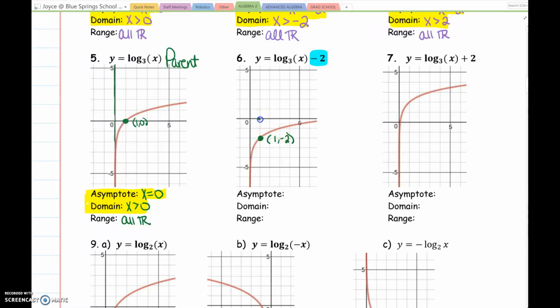That point used to be here, so the point moved down 2. This -2 represents down 2. But if our asymptote is vertical, moving up and down isn't going to shift where the asymptote is. So notice your asymptote is still right here on the y-axis. Our asymptote is still x equals 0. Our domain is still x is greater than 0. And our range always is all real numbers.